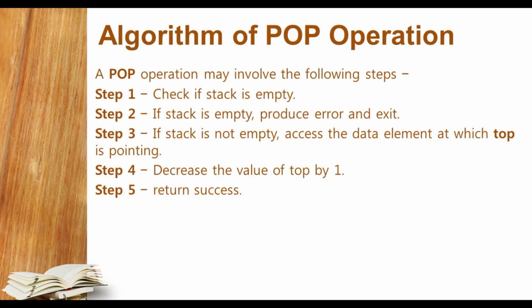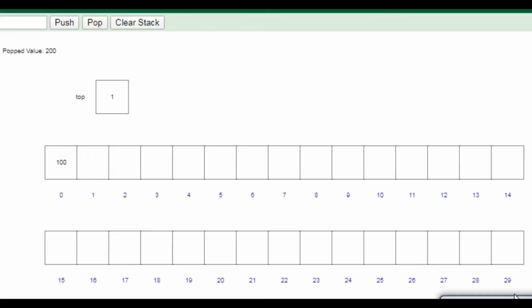So now we need to understand its animation format also. In this operation, we will use some animation effects to understand it well and better. You can see here a stack of 29 elements. We can insert at least 30 elements with index values like 0, 1, 2, 3 and so on till 29.